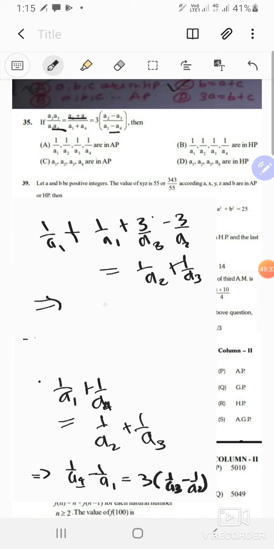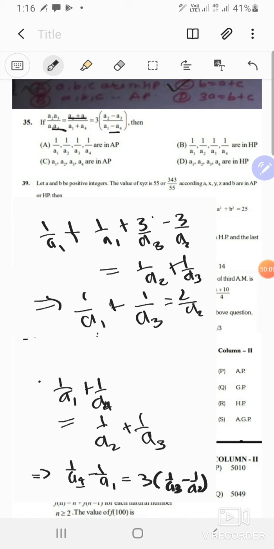That means 2 upon a1 plus 2 upon a3 is equal to 4 upon a2. So you can just reduce this by 2. So you will get this equality, which means that 1 upon a1, 1 upon a2 and 1 upon a3 are in an arithmetic progression.